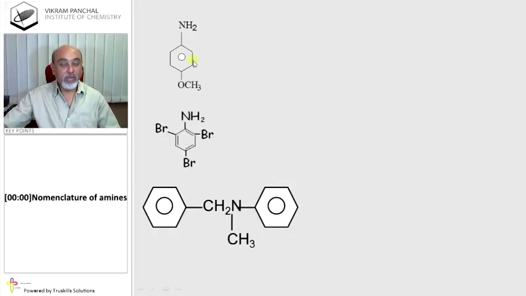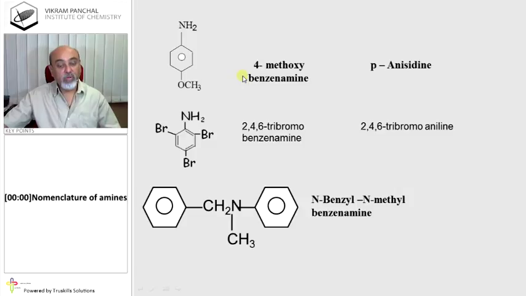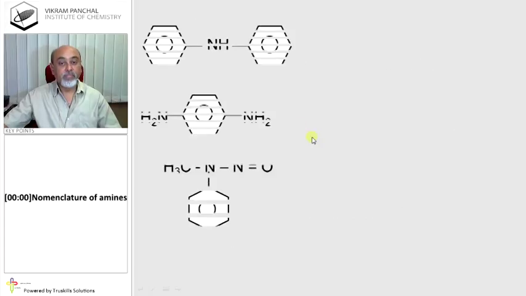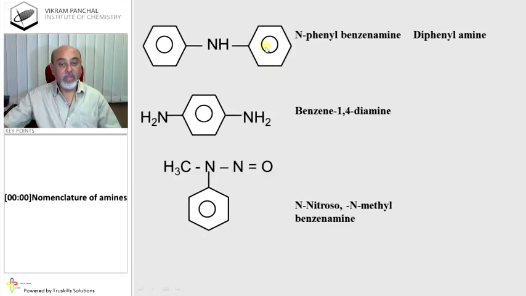When OCH3 and NH2 groups are present on benzene, they are known as anisidine. So it is 4-methoxybenzenamine or para-anisidine. 2,4,6-tribromobenzenamine or 2,4,6-tribromoaniline. N-benzyl N-methyl benzenamine. N-phenyl benzenamine, diphenylamine.